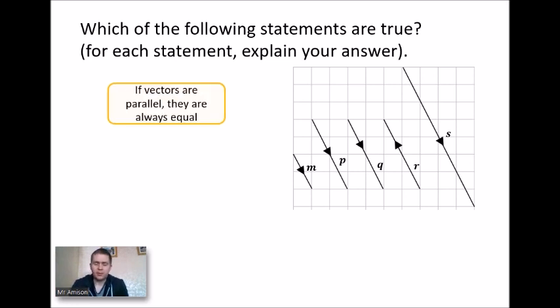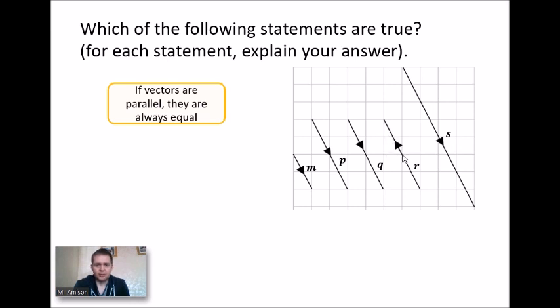If the vectors are parallel, they are always equal. Now, for a vector to be equal to another vector, the vectors have to have the same magnitude, which means length. The length of the vector needs to be the same. The magnitude of this vector goes from here to here, the length of that line. And we could calculate that using Pythagoras' theorem, but that's for another time.